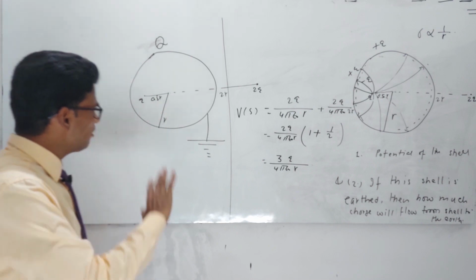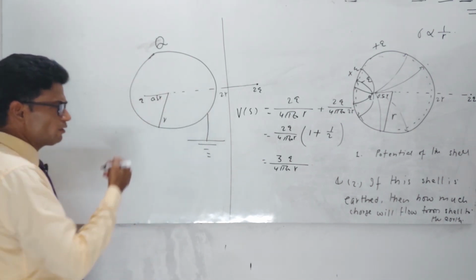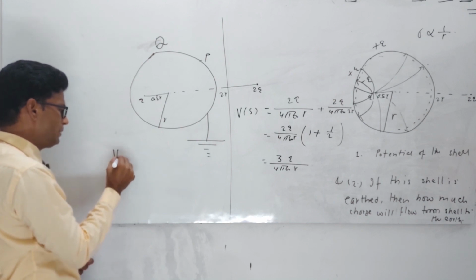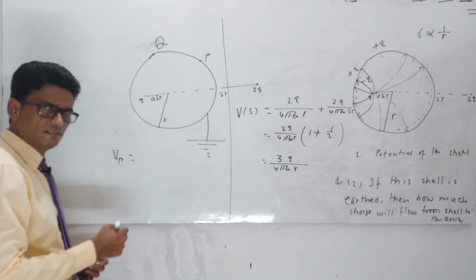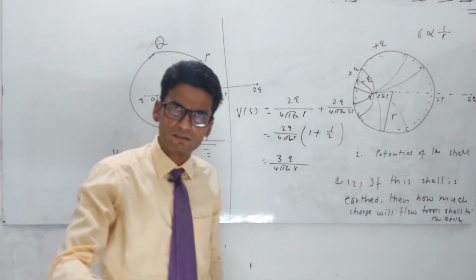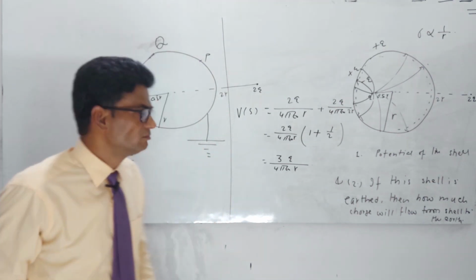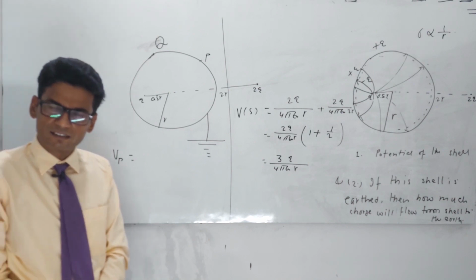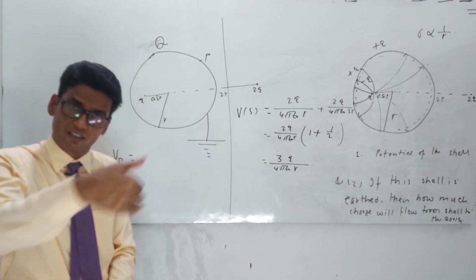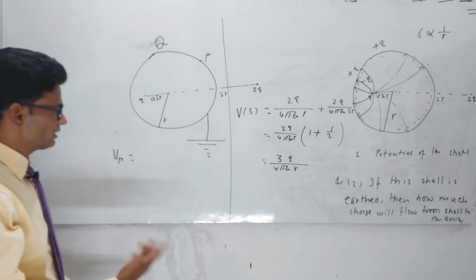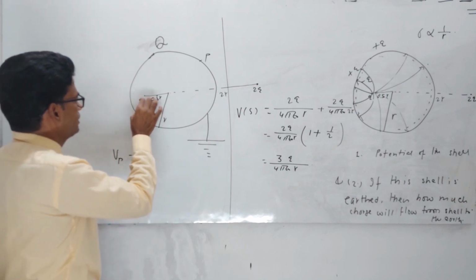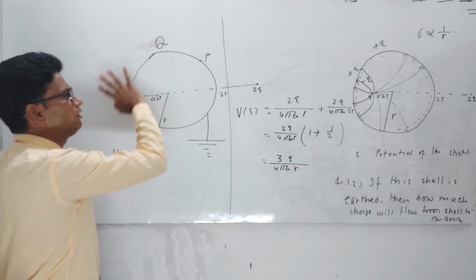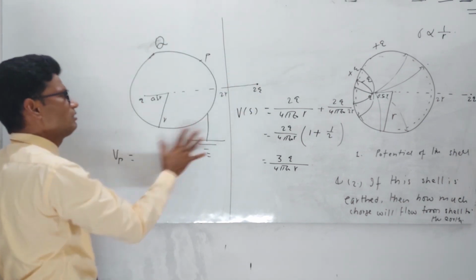Okay, now we have to find the potential of this shell at any point P. We have to find Vp and then equate it to 0 to find the charge Q on the shell after earthing.